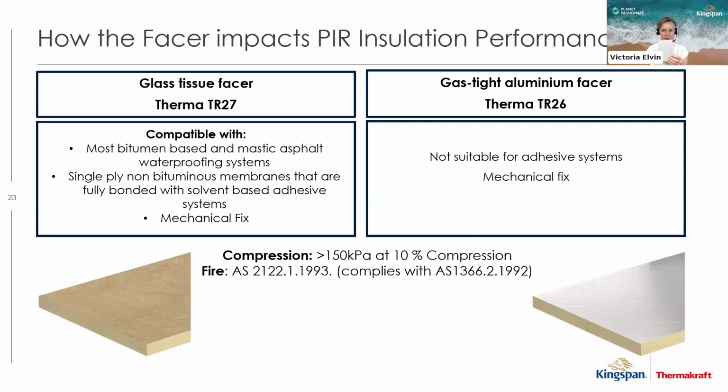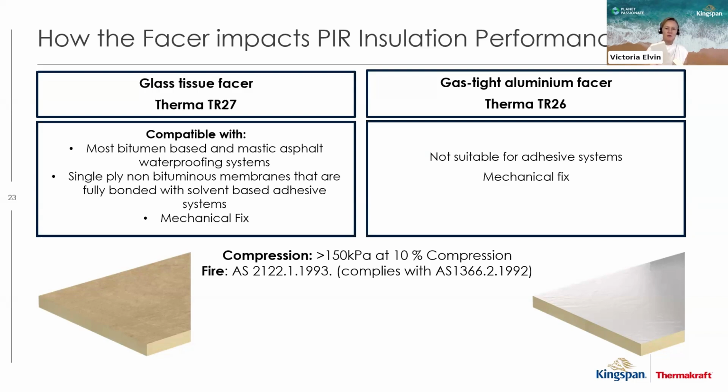I'm comparing it to a gas-tight aluminium facer. This has got no perforations in it, and the gas-tight aluminium means that the thermal performance of the product is different. The key difference we'll talk about first is what you can adhere to them or how they go in a system. A glass tissue-based product is compatible with most bitumen and asphalt-based waterproofing systems.